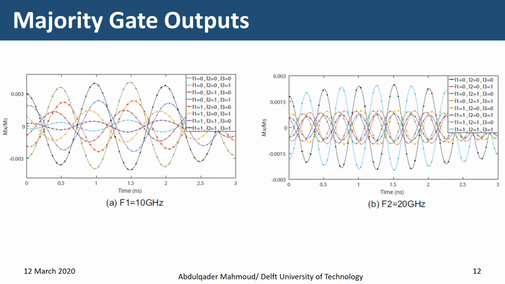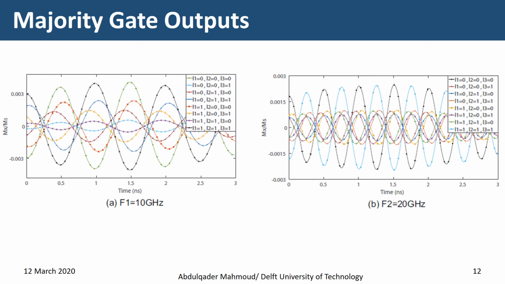However, if the input is logic 1, then the spin wave has a phase of pi. Let's examine these simulation results. As you can see here, the input 0, 0, 0 will generate in the majority gate 0, which is this one. While the inputs 1, 1, 1 will generate an output with logic value 1, which means a spin wave with a phase of pi.